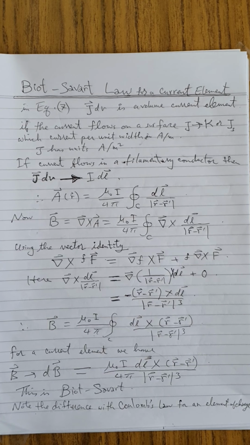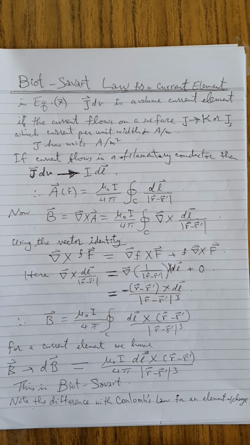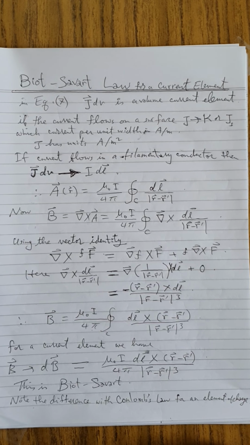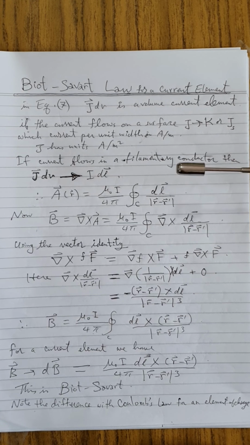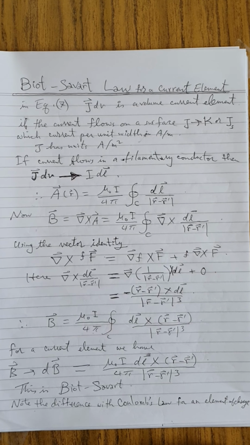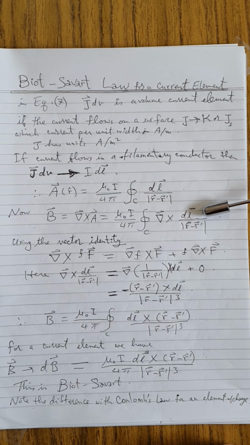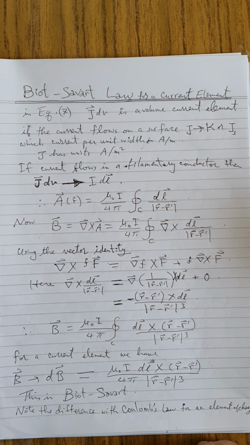Now B is the curl of A, so if we take the curl of the integral, we know the del operator is a differential operator with respect to the space variables here, r or x, y, and z. Okay, so we take the curl of dl over r minus r prime with respect to the field point variables.